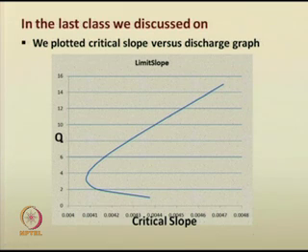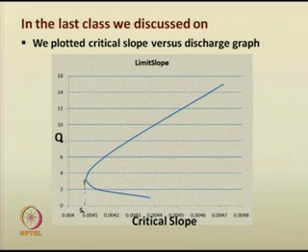In the last class, when we discussed the transitional depth, we evaluated the critical slope curve versus the discharge for the rectangular channel problem. There you obtained such a type of curve, and we suggested that the minimum critical slope that is possible in this case is given as the limit slope SL.